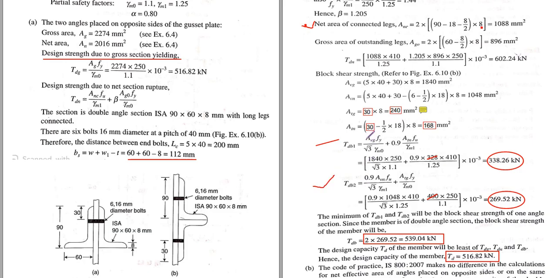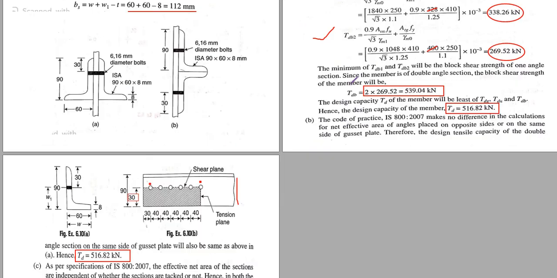In this formula, Avg, Avn, Atn, and Atg are required. Now Avg: if we apply tension force from right to left in this direction, this will be the shear plane, and this will be the tension plane.